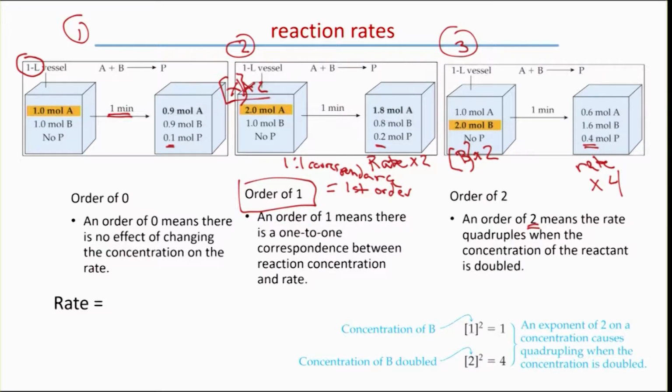So here's a little demonstration. When you multiply the concentration of B times 2, that superscript of 2 indicates second order, and 2 squared is 4. So that's showing that the rate quadruples when the concentration is doubled. This is what is happening in B.